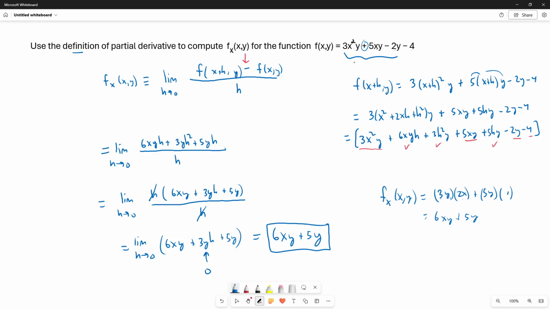So a shortcut for calculating the partial derivative is to hold the other variable as constant. So for the partial derivative with respect to x, we treat y as a constant. So here the derivative of 2y, that's a constant, so that was 0. And of course 4 is a constant, and the derivative of that was 0.